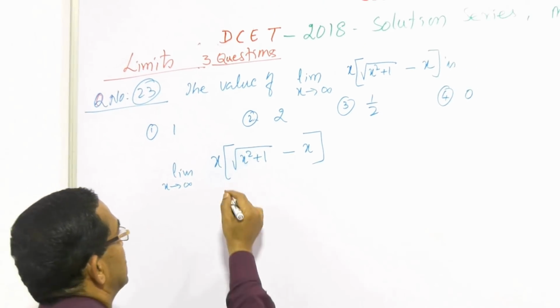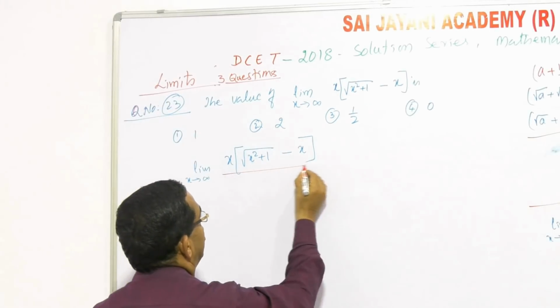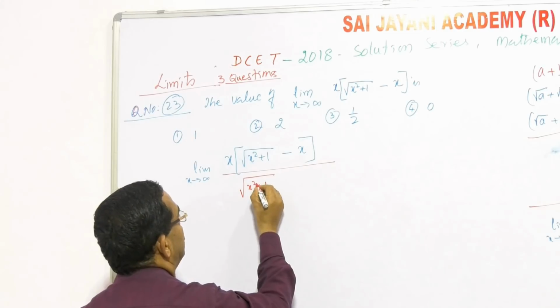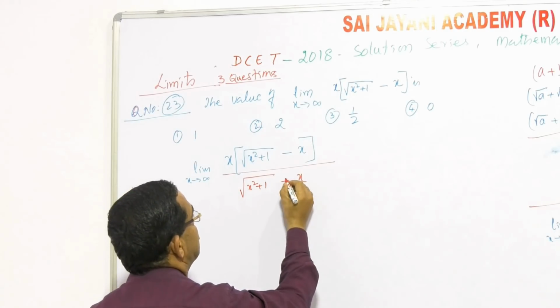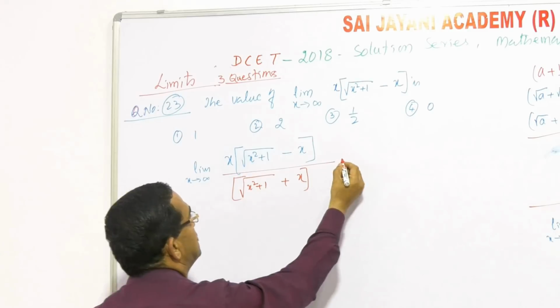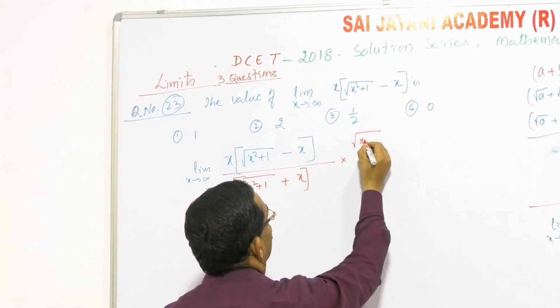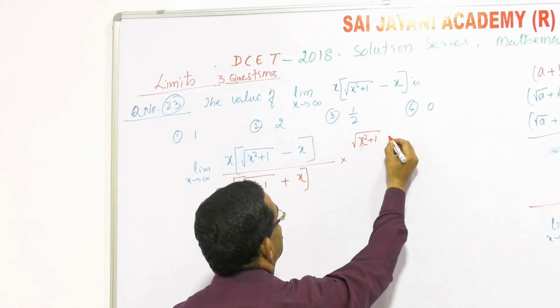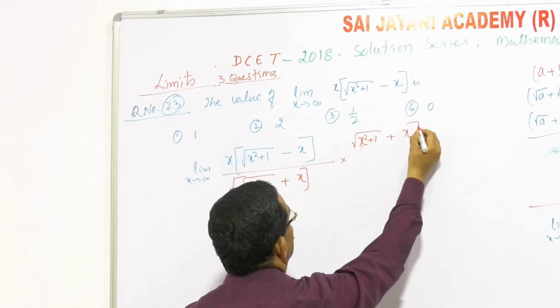There is no term in the denominator, so we consider it as 1. So divide by 1. Now multiply by root of x squared plus 1 plus x.